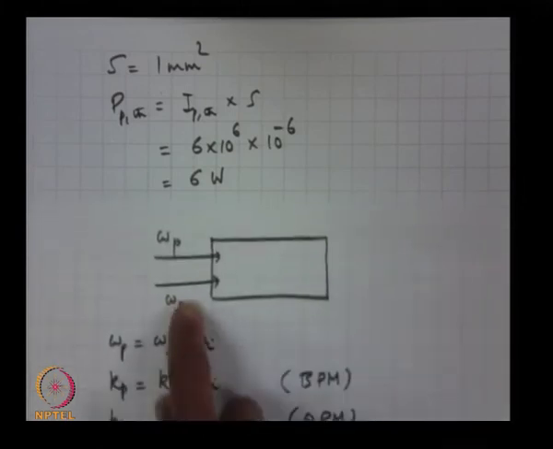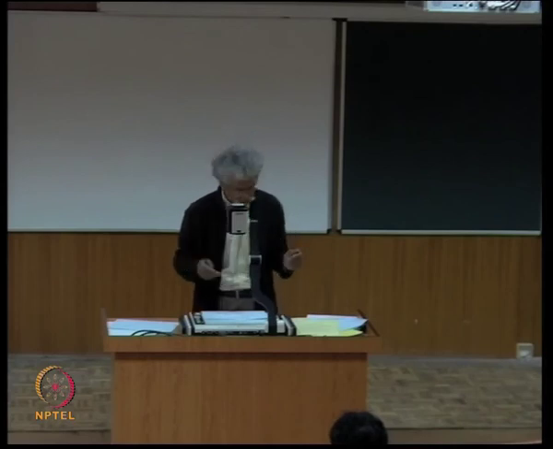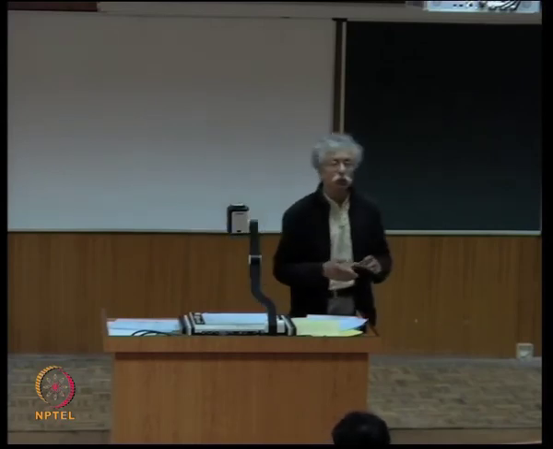Now, if I change my omega s, keeping omega p constant, I will not have delta k is equal to 0, and the gain will drop. I can't use the solution that we have obtained earlier, because now delta k is not equal to 0. In fact, we had done this in the class. With delta k finite, we had obtained an effective gain, which was square root of g square minus delta k square by 4. So as delta k increases, the effective gain starts to fall, and so there is a certain range of frequencies over which the amplifier will provide gain. Now let me give you an expression for this, and I will leave it as an exercise for you to please do it.